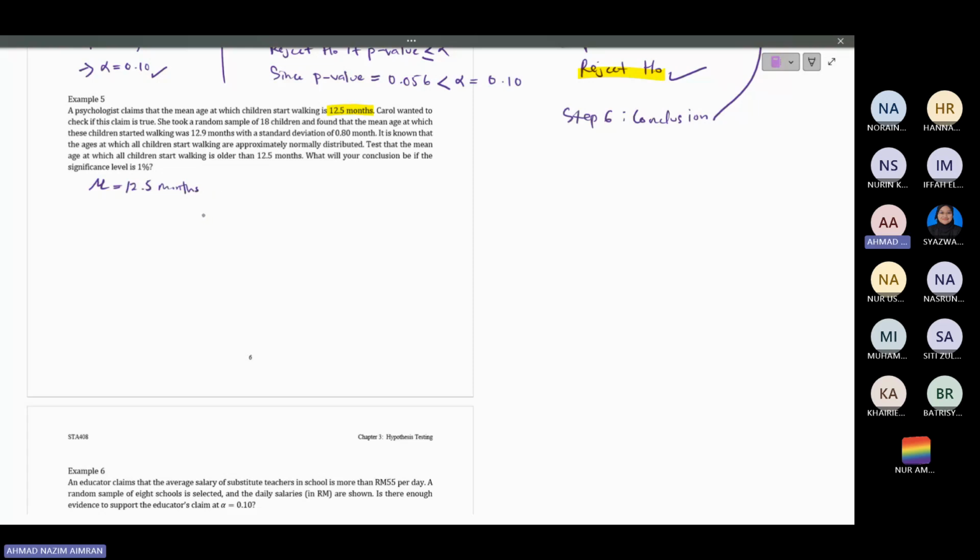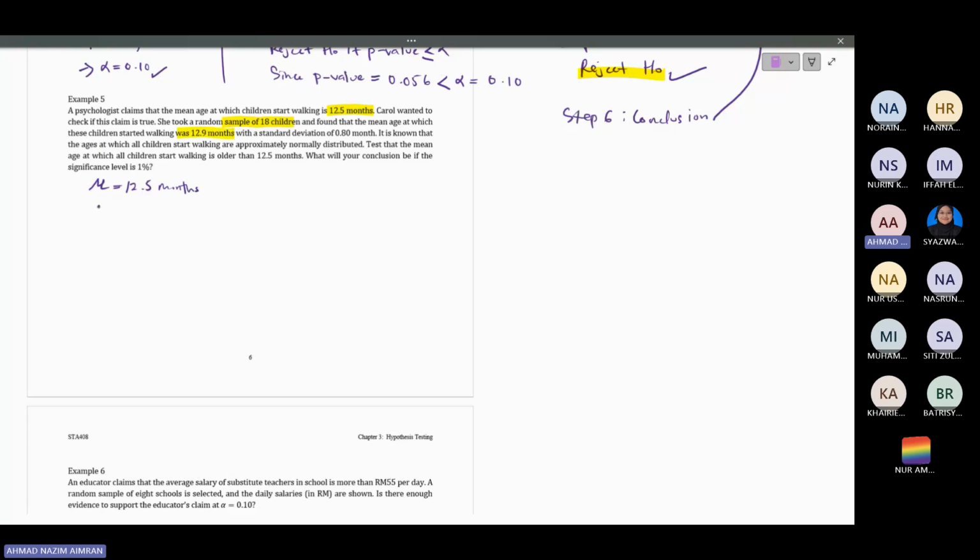Carol wanted to check if this claim is true. She took a random sample of 18 children and found that the mean age at which the children start walking was 12.9 months.